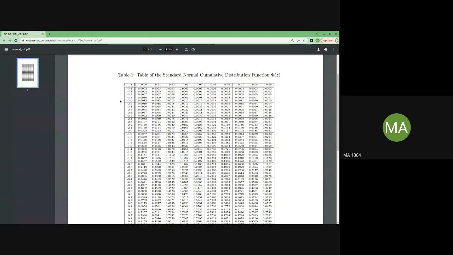Once you write that, you come to the minus 3.0 row and go to the 0.05 column. Now this particular 0.0011 represents FZ of minus 2.95, because minus 3 plus 0.05 sums up to minus 2.95. So see the corresponding row and column value.